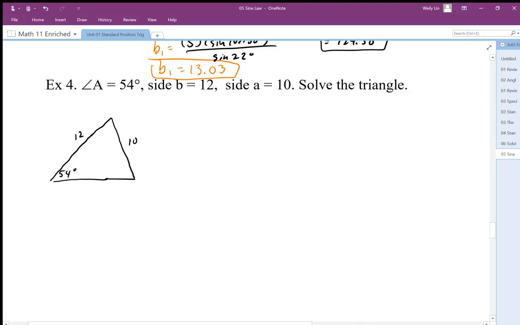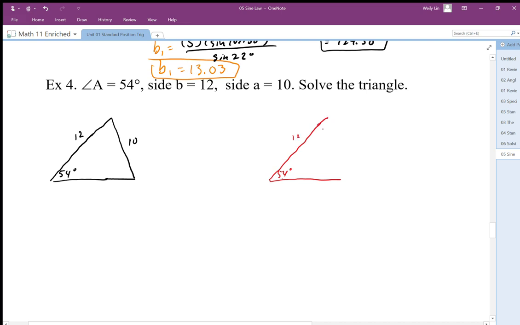Now, there is an alternative way I could draw a different triangle given the exact same information, and I'm going to draw it separately over here. So this is going to be my 54 degrees here, a side length of 12. Okay, so exactly the same.